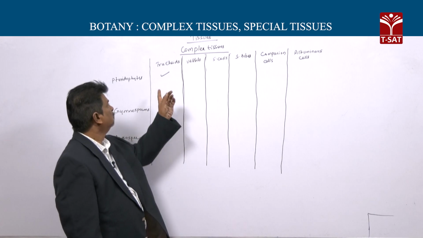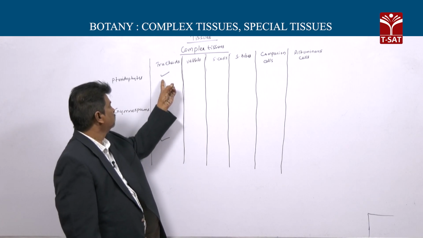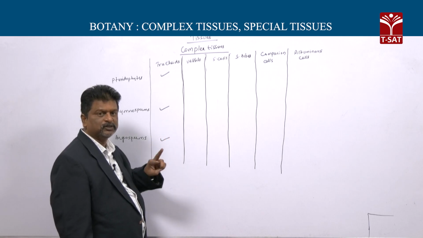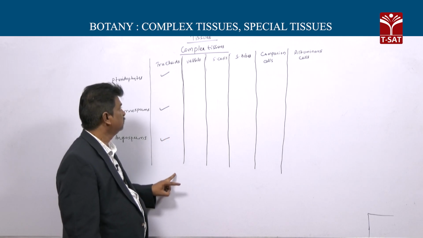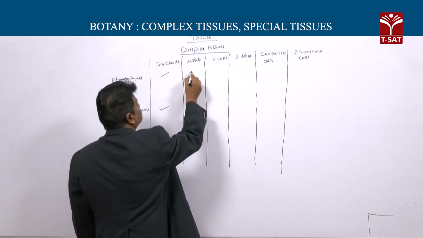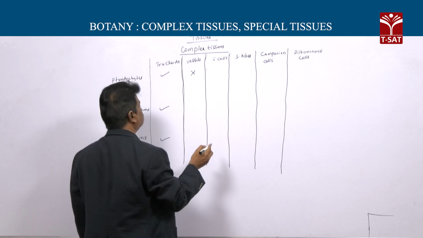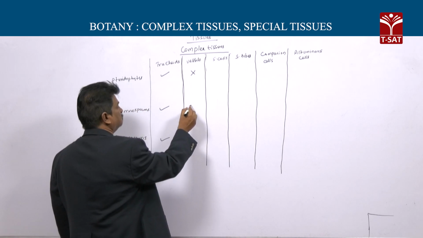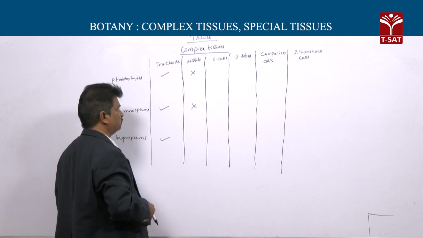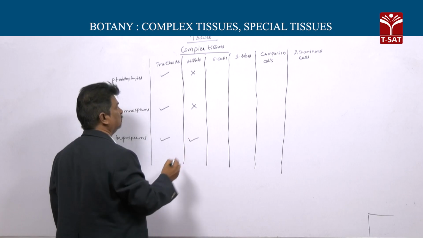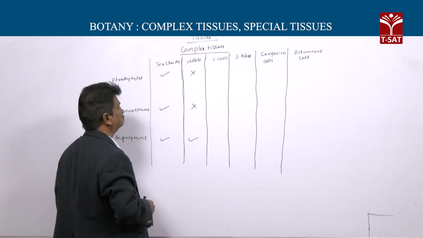Then lone tracheids are present in pteridophytes and gymnosperms. Vessels and tracheids are present in angiosperms. Next, vessels are absent in pteridophytes, absent in gymnosperms, but present in angiosperms.